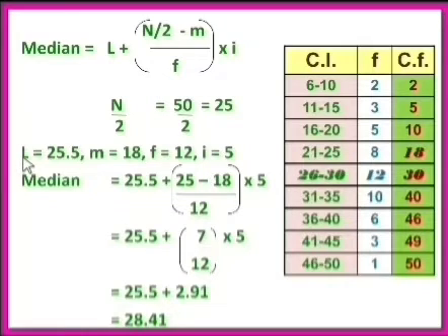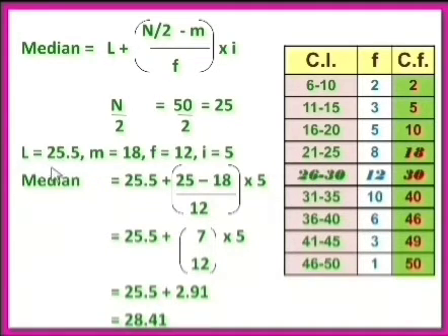Now we find L, m, f, and i. I we already know, that is 5: 6 to 10, the class size is 5. And what is L? L is the left extreme or lower limit. To find the lower limit, we have to subtract 0.5 from 26.